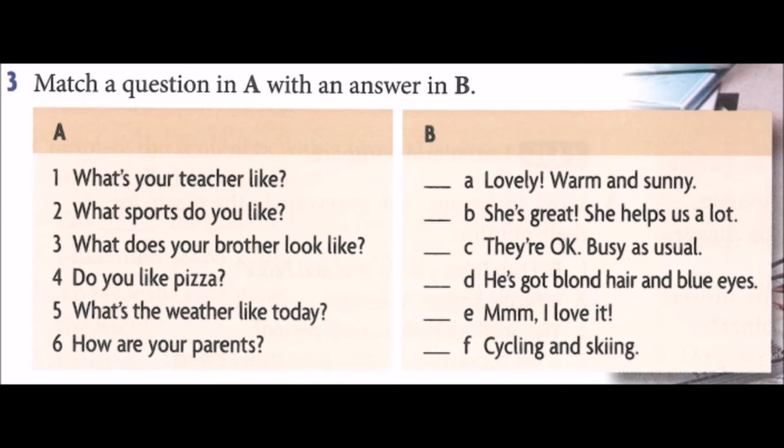He's got blonde hair and blue eyes. 4, Do you like pizza? I love it. 5, What's the weather like today? Lovely. Warm and sunny. 6, How are your parents? They're okay. Busy as usual.